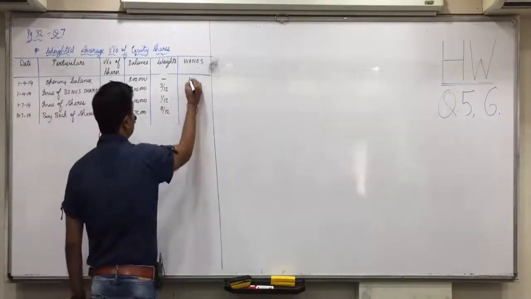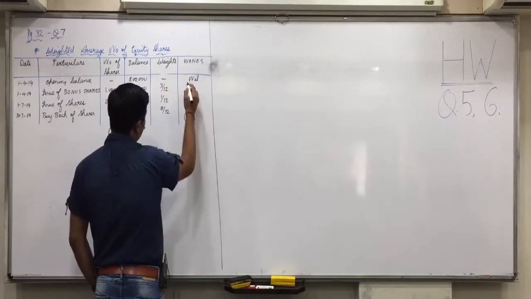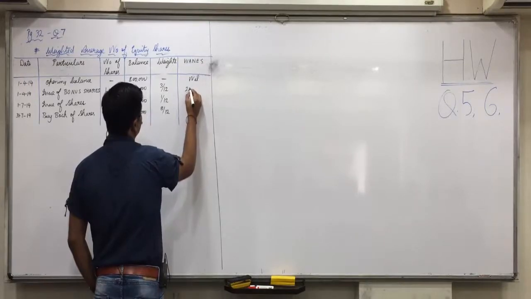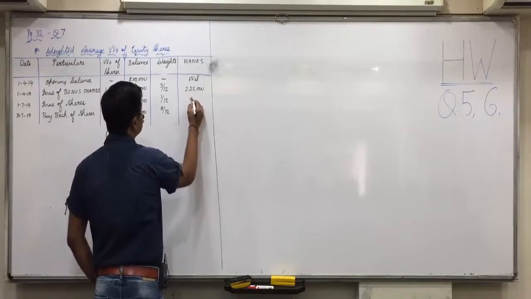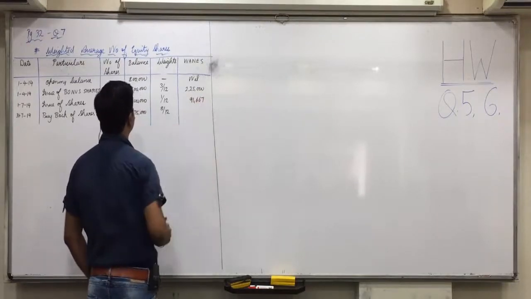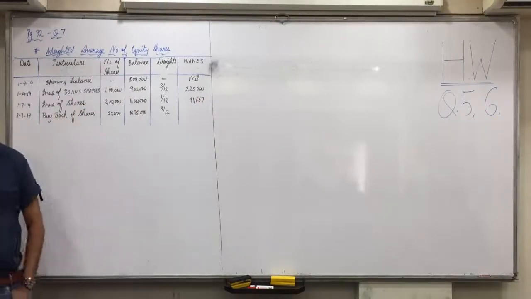Now 8 lakhs into nil is nil. 9 lakhs into 3, 27 lakhs divided by 12, 2 lakh 25,000. 11 lakhs into 1 by 12, 91,667. And 10 lakh 75,000 into 8 by 12, 7 lakh 16,667.